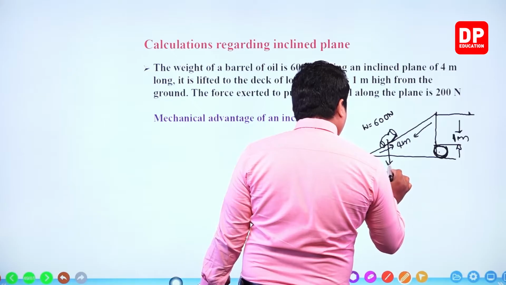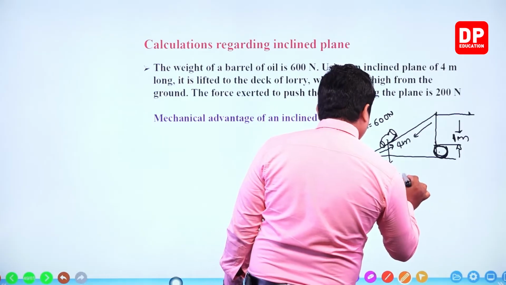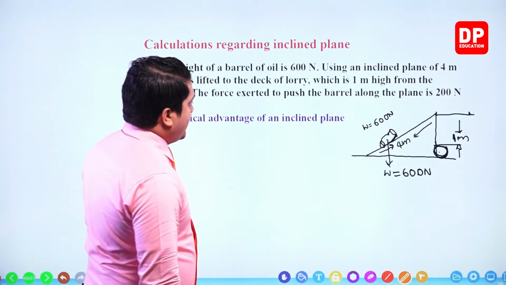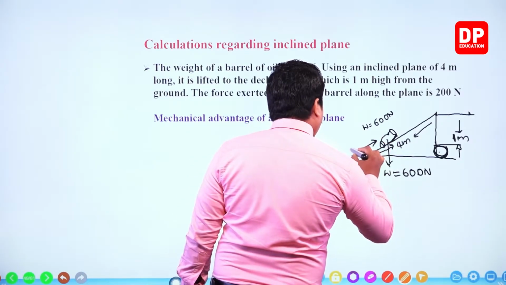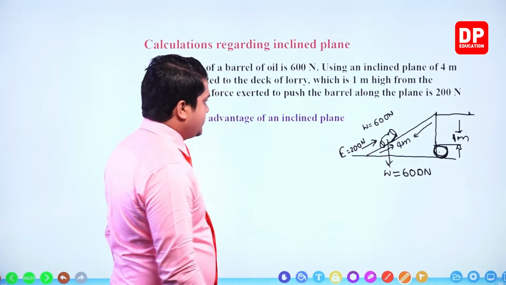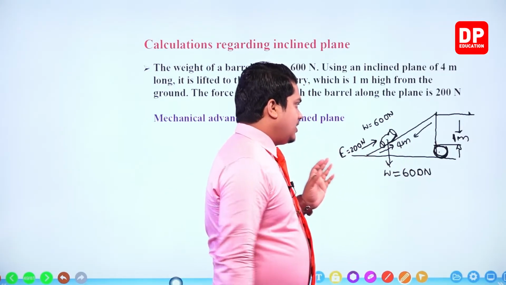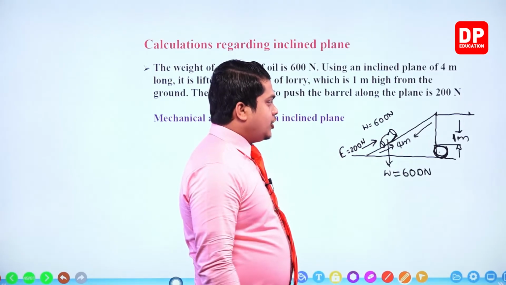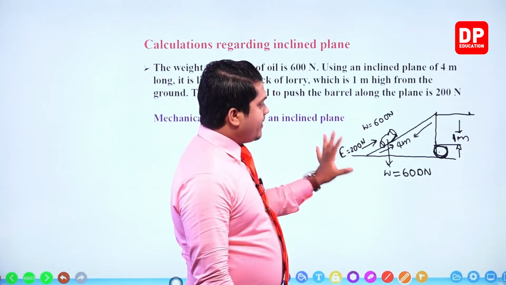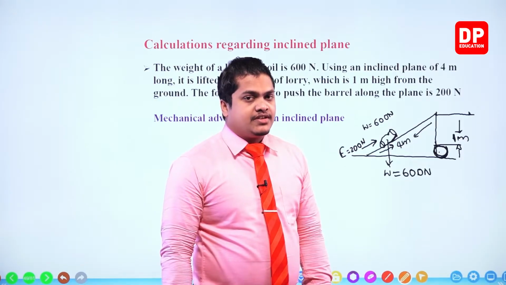It is always acting downward, right? Then a force of 200 Newton, which is the effort, is applied. A person is rolling this object along the 4 meter distance to take it up to a height of 1 meter from the ground level. The weight of the barrel is equal to 600. These are the things given in the question.